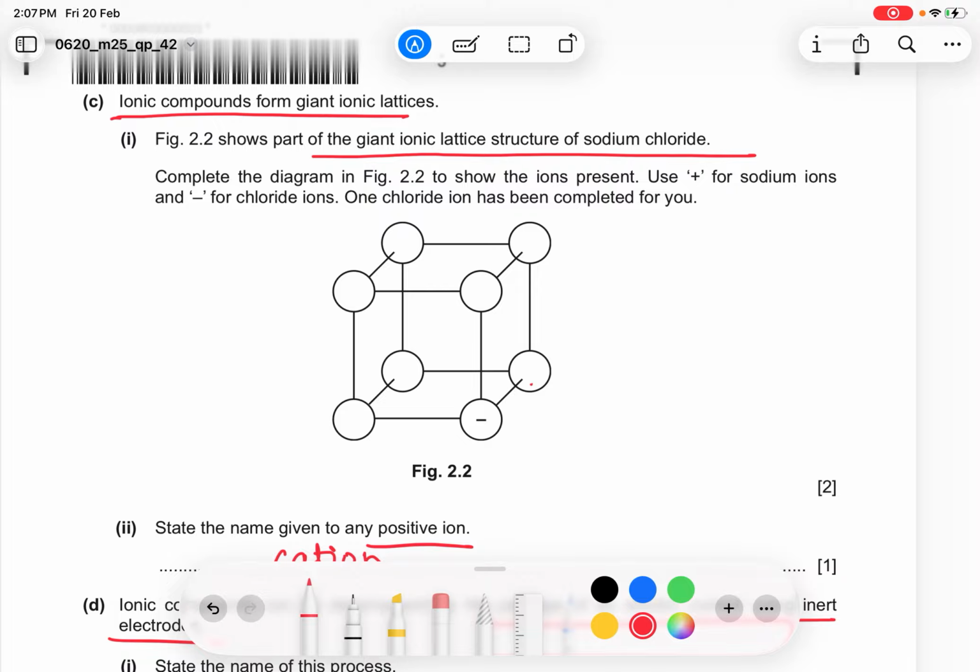So you can see that a negative charge is given. We will write plus opposite to that. Here also it is a plus. Now opposite to the plus there will be a minus. Same, opposite to this plus there will be a minus above. Opposite to this minus, again we have a plus here. So accordingly we will complete the structure by adding plus and minus charges.